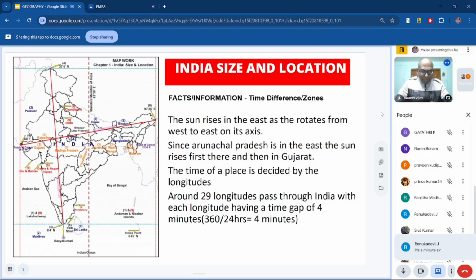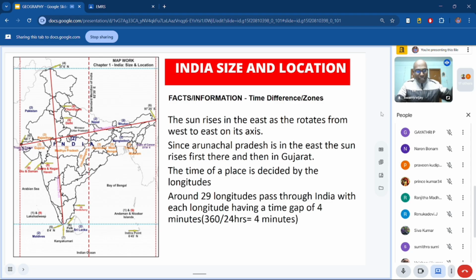Next. Time differences and time zones. The sun rises in the east as the Earth rotates from west to east on its axis. One more basic piece of information: Earth rotates from which direction to which direction? Tell me. Earth rotates from west to east on its axis.